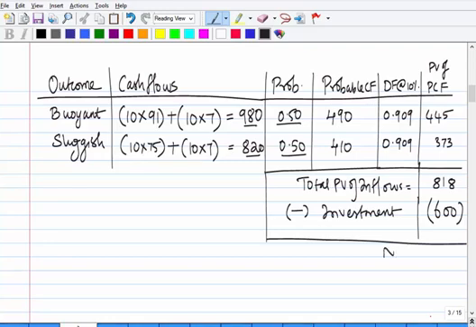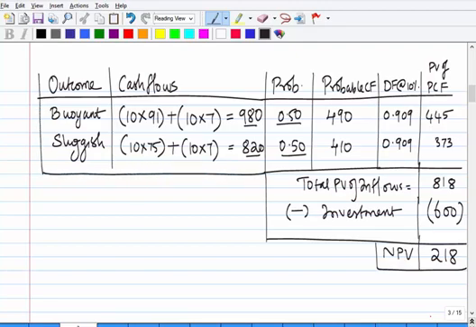I'll call it NPV or net benefit, however we call it. It works out to 218. So this is the net benefit this company or one Mr. Ramesh would get if he goes for constructing 10 flats. So let's go back to the diagram.